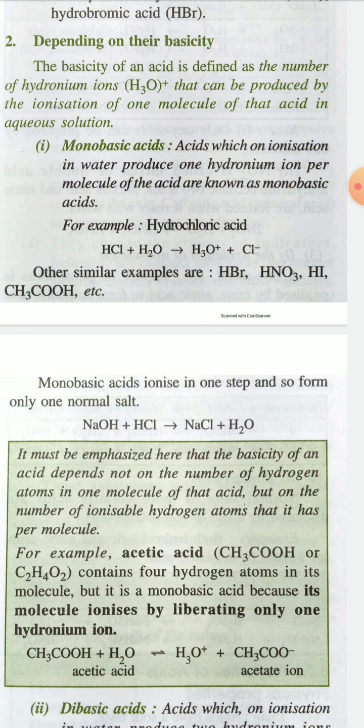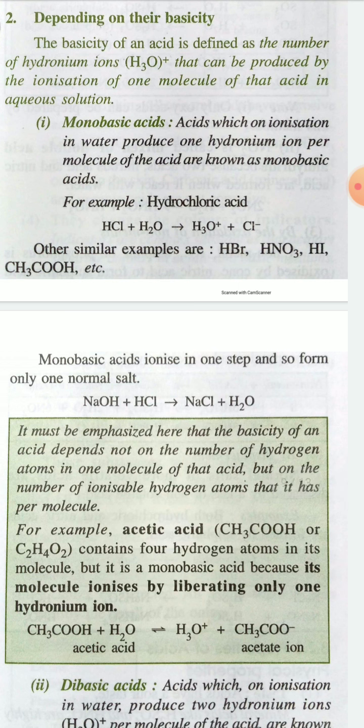Here a note is given in the box. You have to remember that it must be emphasized here that the basicity of an acid depends not on the number of hydrogen atoms in one molecule of that acid, but on the number of ionizable hydrogen atoms present in one molecule of an acid.